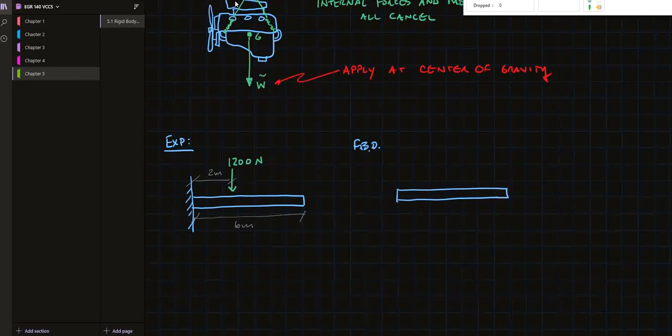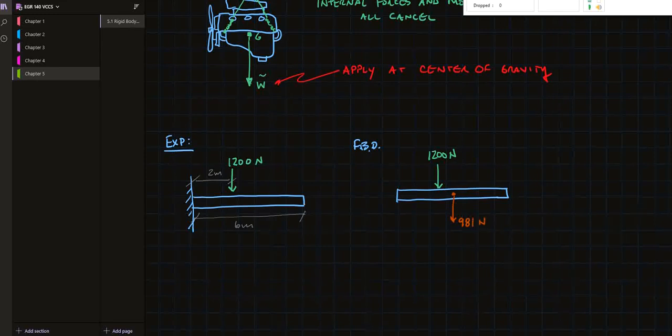And let's put all the forces on it that affect it. So, of course, we're going to have this 1200 Newton load. And say our beam weighs, it would be given in the problem if it was going to be an issue, but say it weighs 981 newtons.